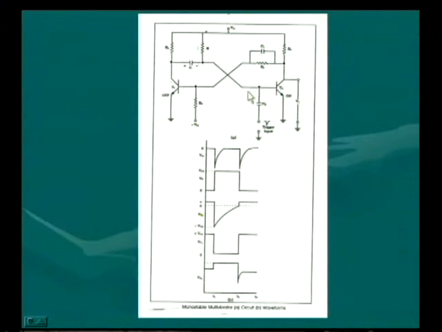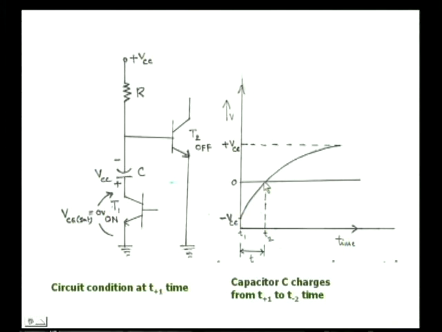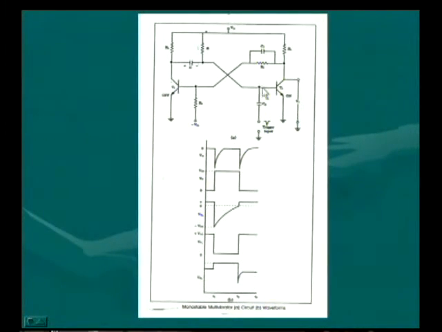So T2, which is in off state, will have a voltage which is changing from minus VCC to plus VCC. So when the capacitor charges to 0 volts, the transistor T2 will get a positive bias and the transistor T2 will change its state again back to on.